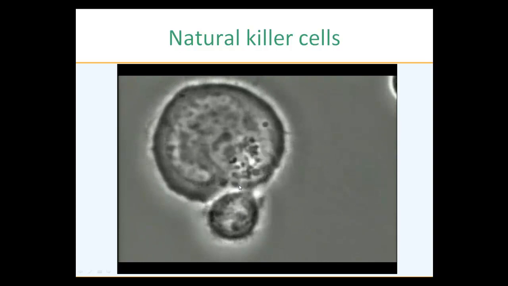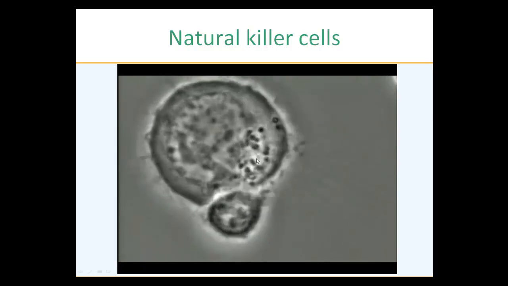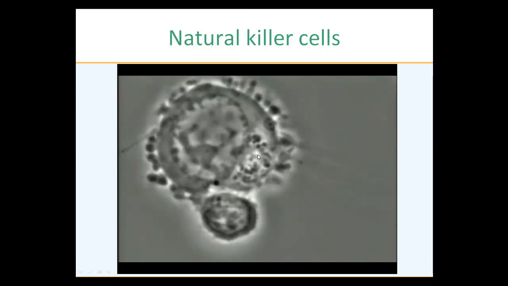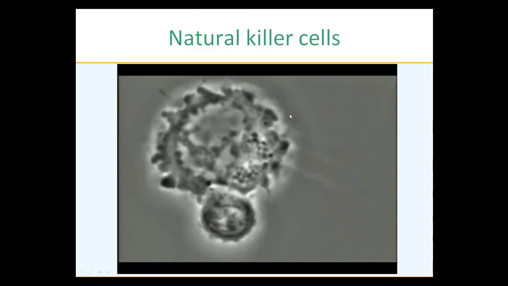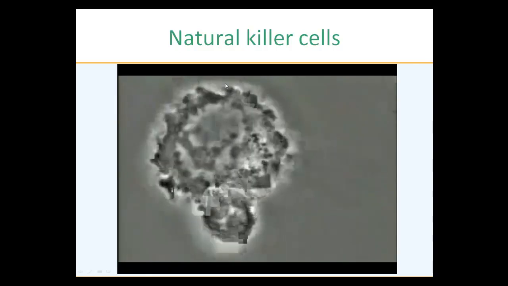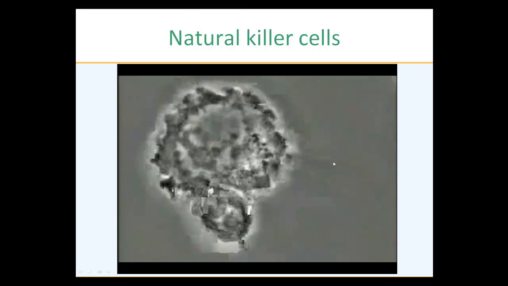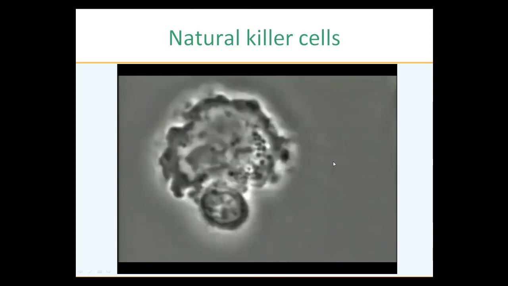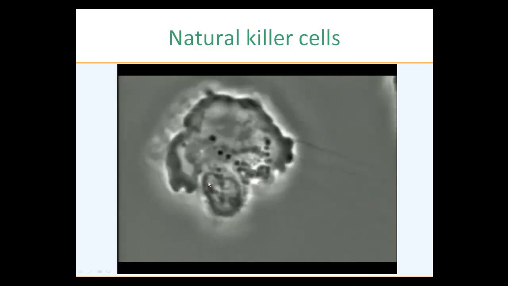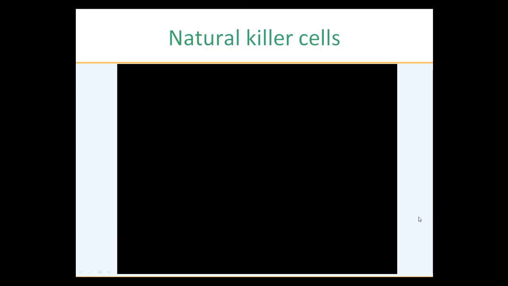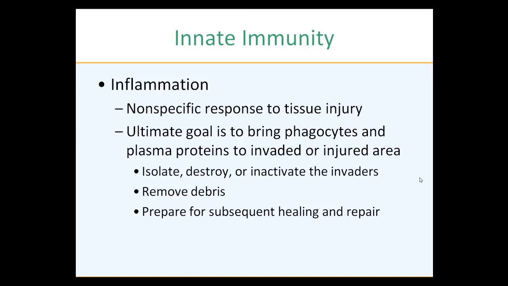And as you see, the natural killer cell is injecting the enzymes inside the cancer cell, and now the cancer cell is committing apoptosis, and it will start to fragment and die. So this is more like a realistic video versus the computer-generated video we watched earlier. And again, to emphasize the importance of the natural killer cells in your innate immune response.